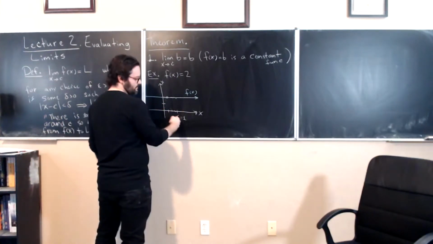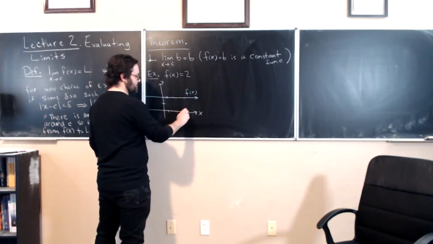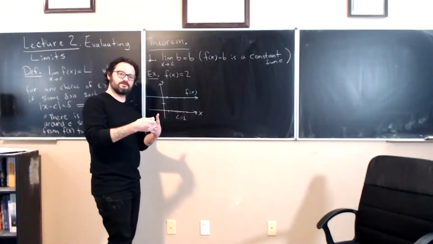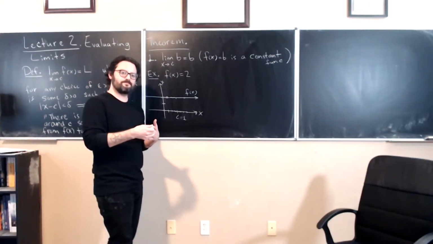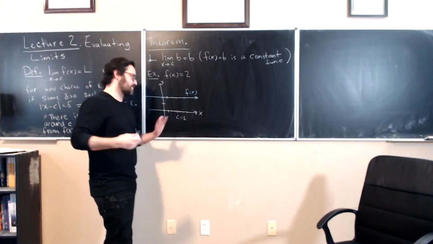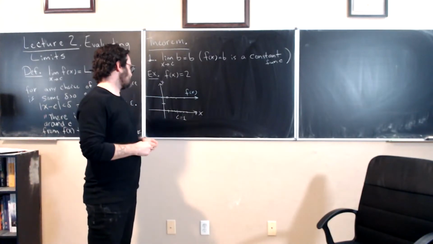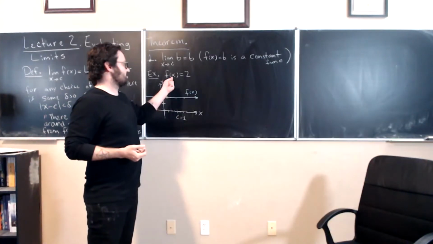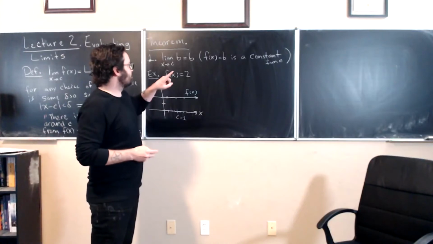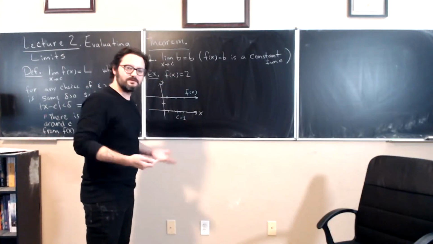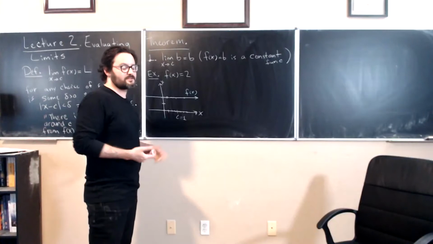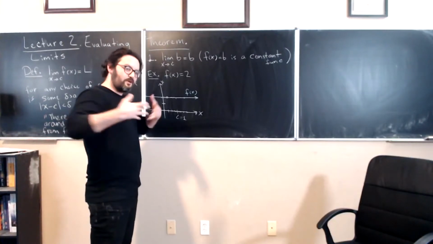If I come from the right-hand side, 2, 2, 2, 2. It's also approaching 2 as x approaches c, right? And that's the whole idea, that we can make this function here arbitrarily close to 2. That's the limit, right? It's actually equal to it everywhere, but it's always close to it.